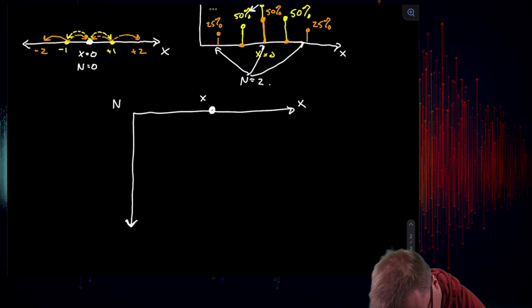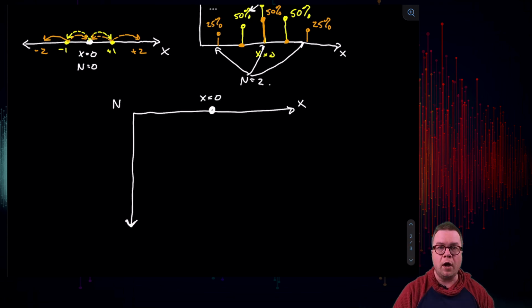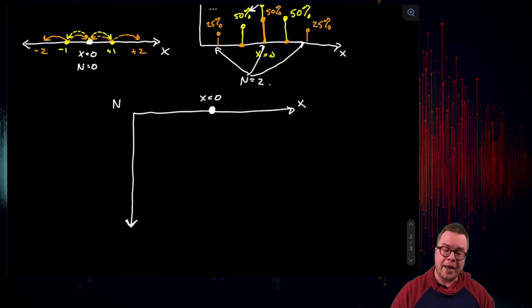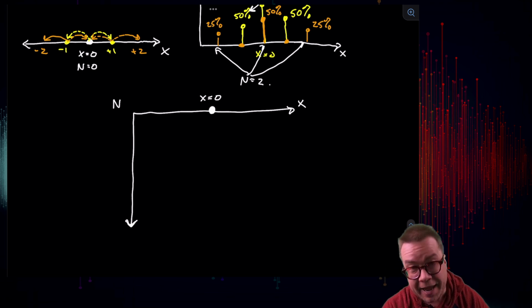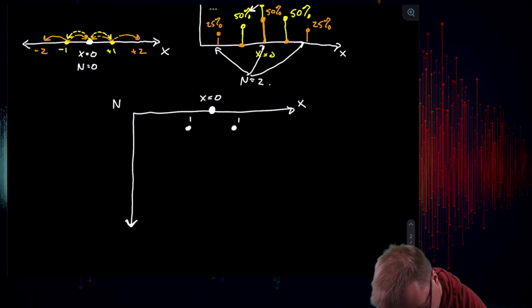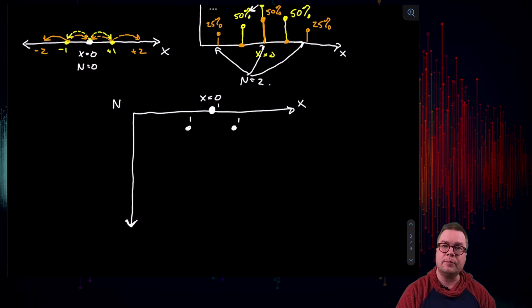For n equals 0 steps, there's 1 place that they can be, and that's x equals 0. After n equals 1 step, the person could be at -1 or +1, and there's 1 way to get there and 1 way to get there. Of course, in the previous step, there's 1 way for the person to be at x equals 0.